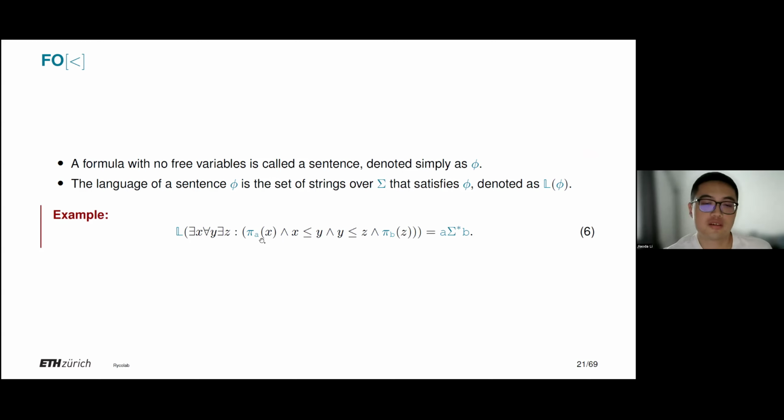For instance, this formula says we have an A at x, and we have a B at z, and every y between x and z satisfies the condition. In other words, it defines the language that starts with an A and ends with a B, which is A alphabet star B.